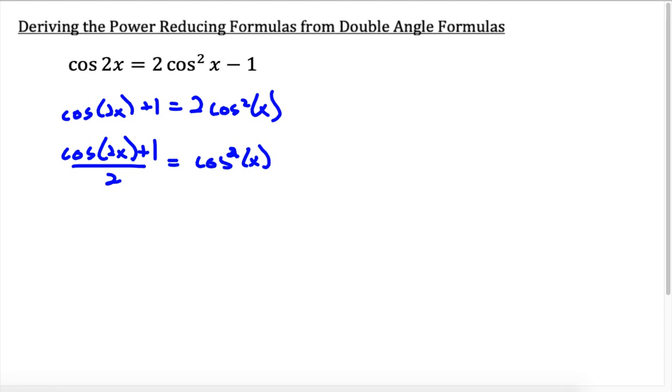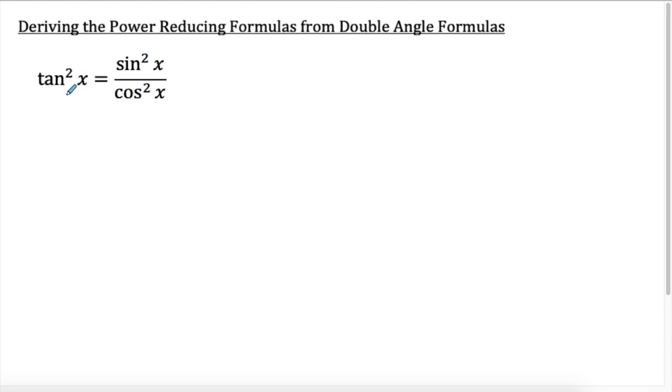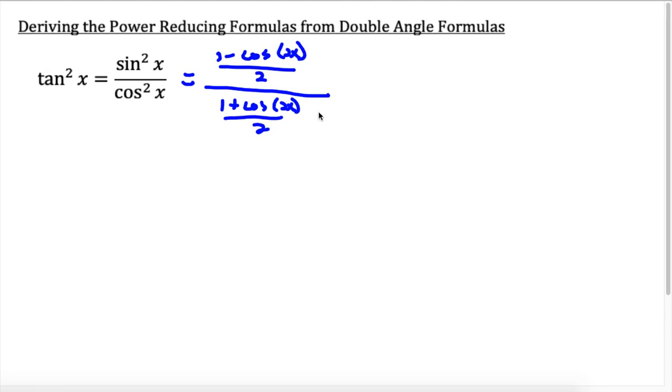Okay. Then finally, for tangent, we want to use the idea that tangent squared is just sine squared over cosine squared. So I want to take the expression that I got here for sine squared. We said that was 1 minus cosine of 2x over 2, and that cosine squared was 1 plus cosine of 2x over 2.